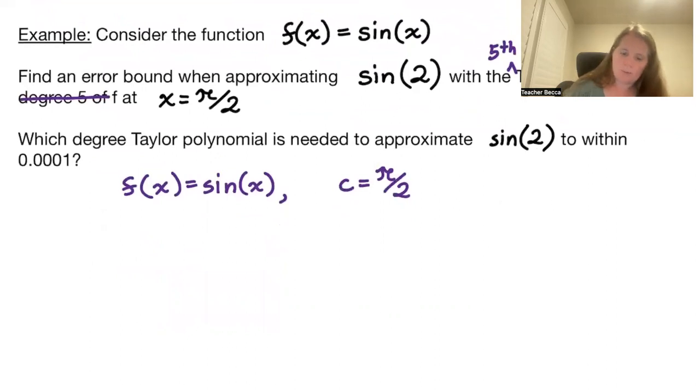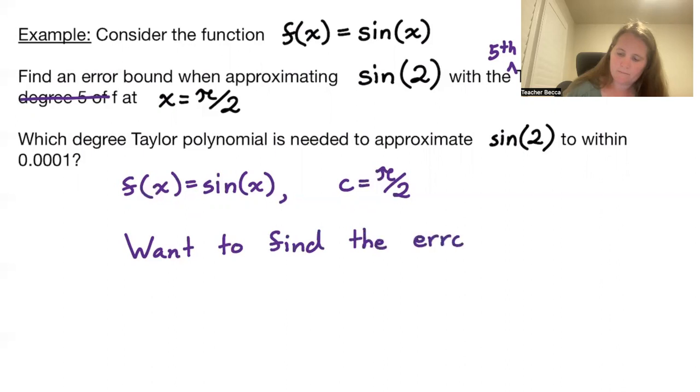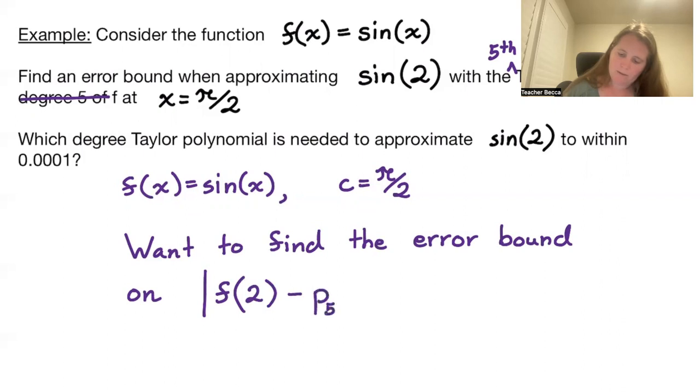And we want to find the error bound on the absolute value of f of 2 minus P sub 5 of 2.